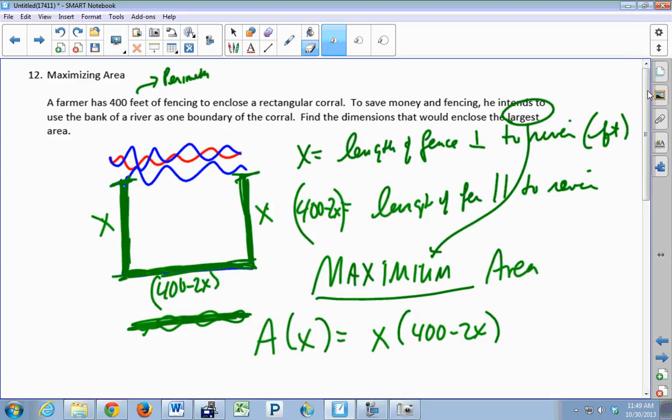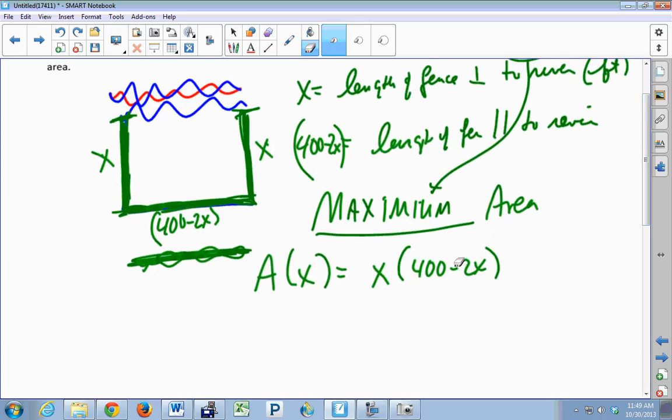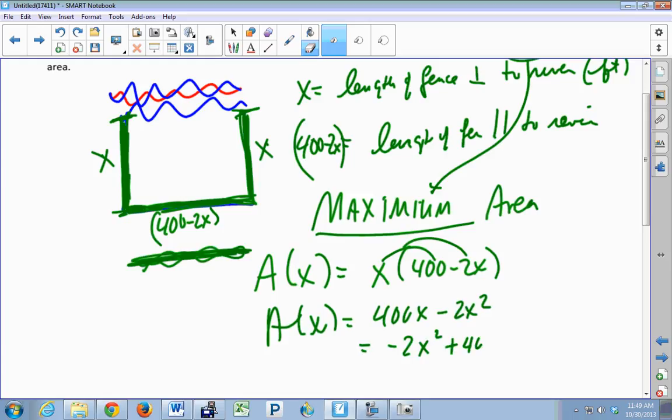Now area is a square measurement, so that's why a quadratic is the appropriate function here. Let's make this look like a quadratic in the form that we're used to seeing. If I put the square term first and the linear term second, so I can identify a and b, that's what it looks like.